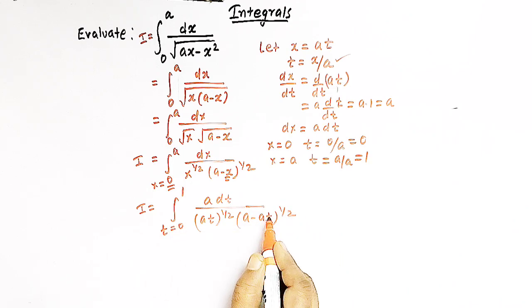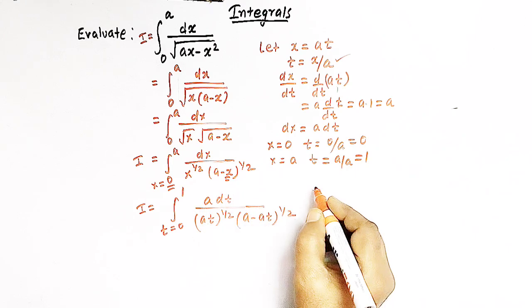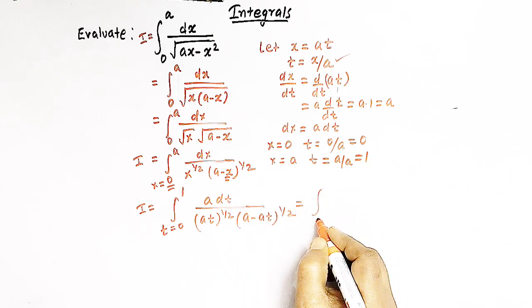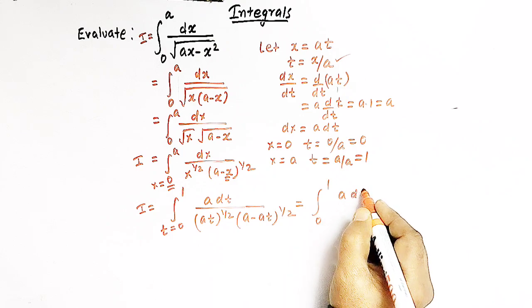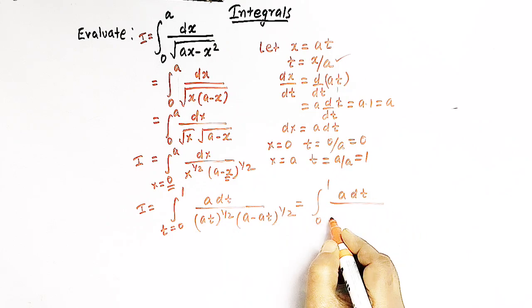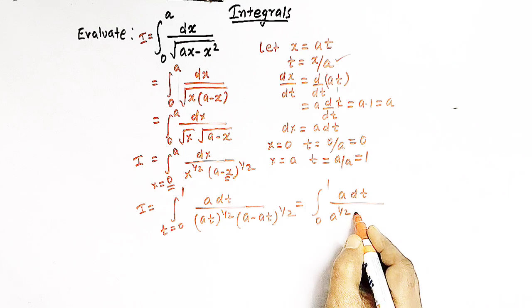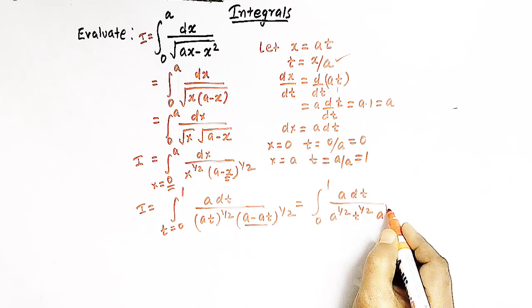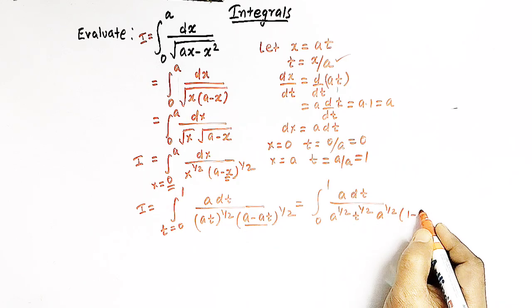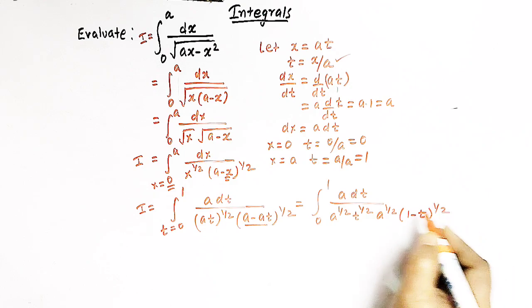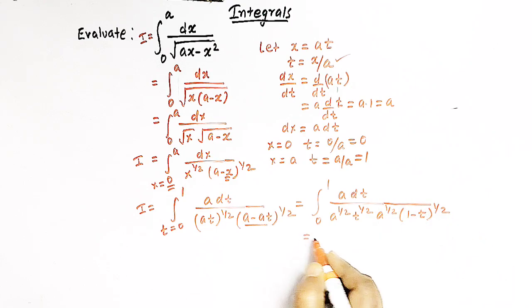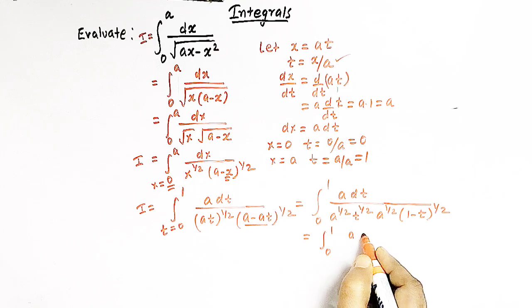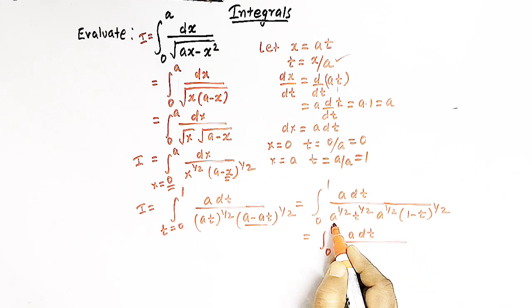So let us now simplify the integrand here. So we can now write 0 to 1. Here we have a dt, and from here we have a raised to half, then we have t raised to half, and from here we can take a common. So we have a raised to half times 1 minus t raised to half. So now we have 0 to 1. Here we have a dt, and here we have a raised to half and a raised to half.